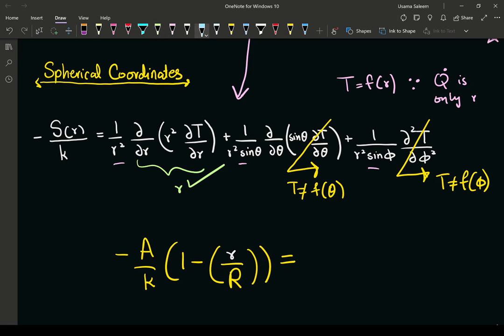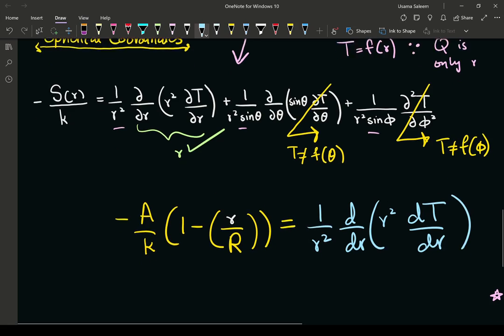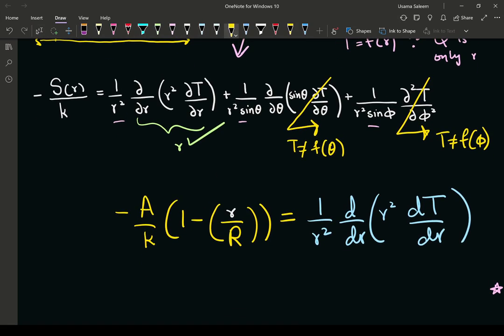Let's switch colors. Now my partial derivatives are going to become ordinary derivatives because temperature is no longer a function of other variables, only a function of r. Oh, and I was missing a square here. Silly me.